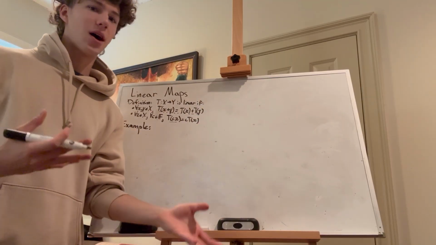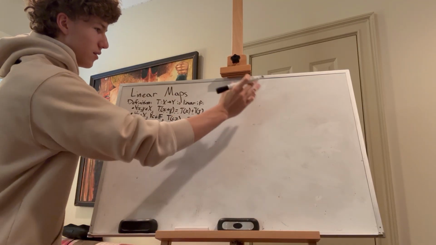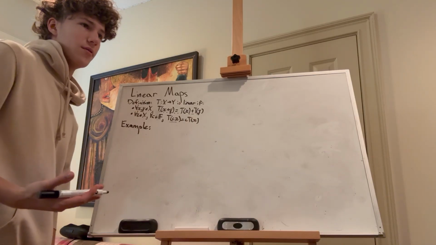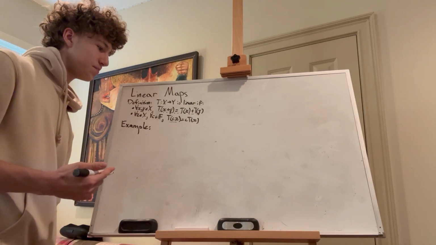It misses out on some. In your domain, you can only reach so many values of R3 sometimes, right? And so we're interested in the range, the values that the function actually hits, right?